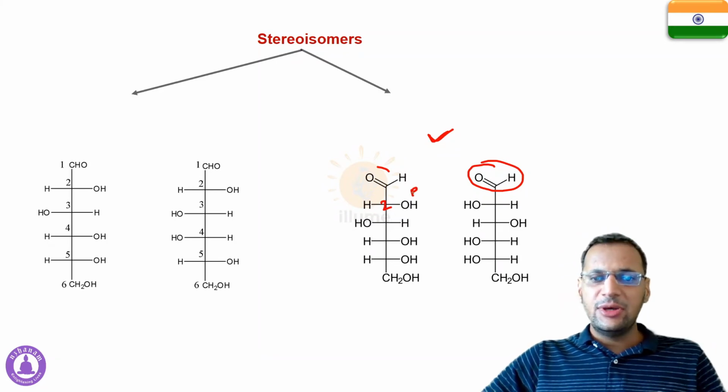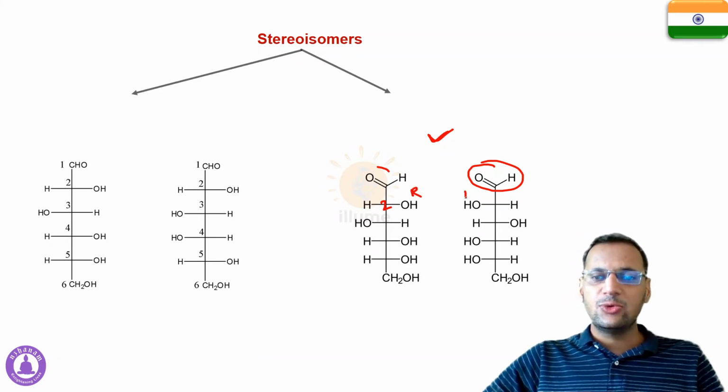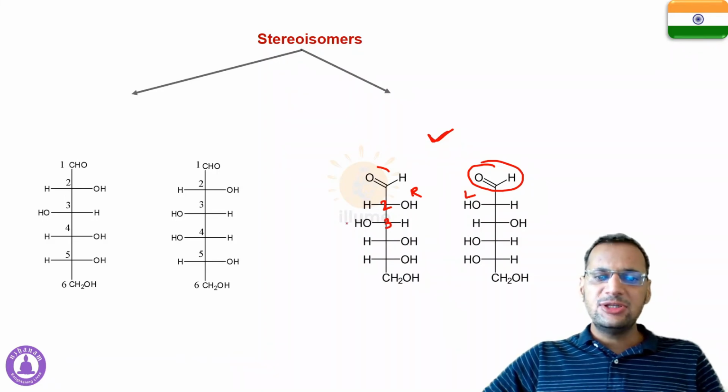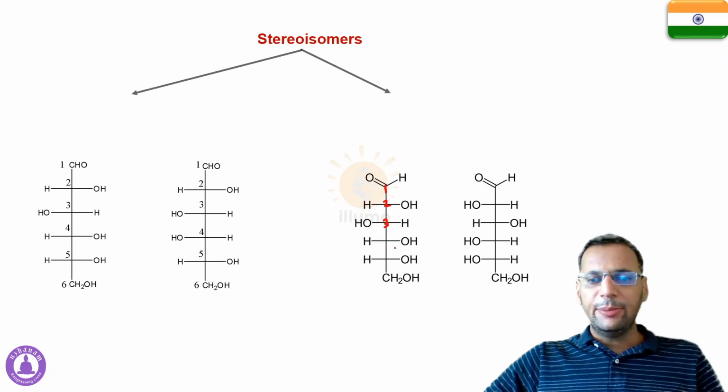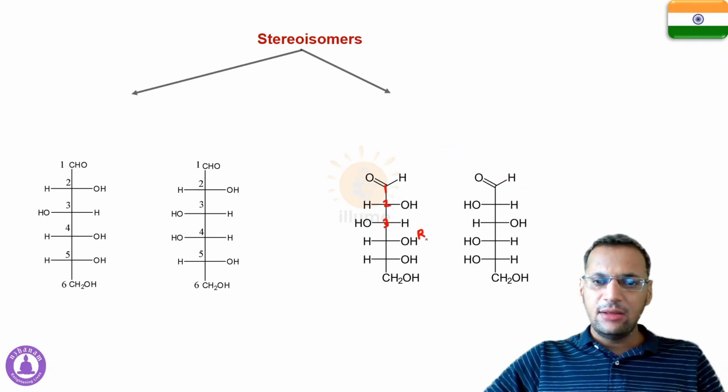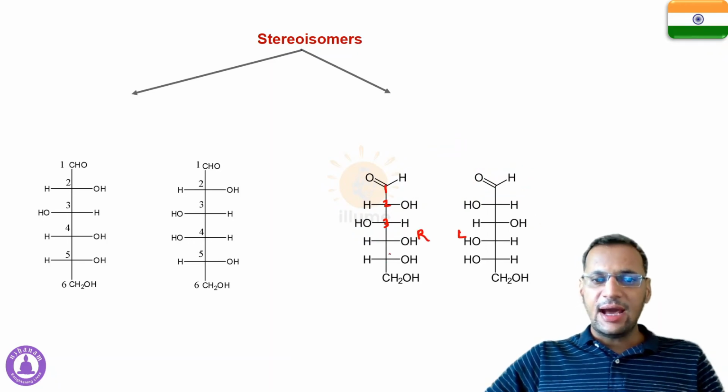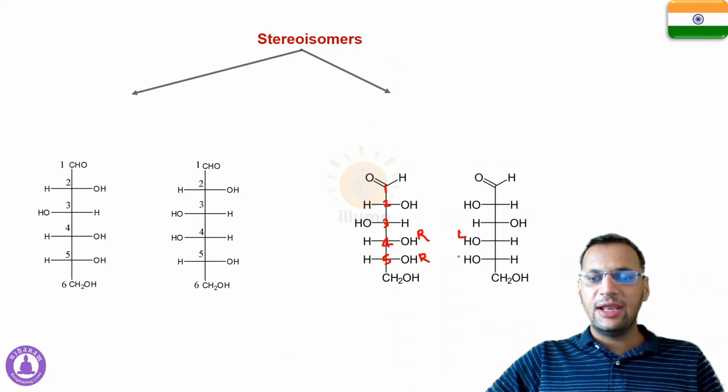In this case, OH is on the right side, and in this case, OH is on the left side. Similarly, on carbon number 3, OH is on the left side, and in this case, OH is on the right side. Carbon number 4, OH on right side, OH on left side. Carbon number 5, OH again on right side, OH on left side.